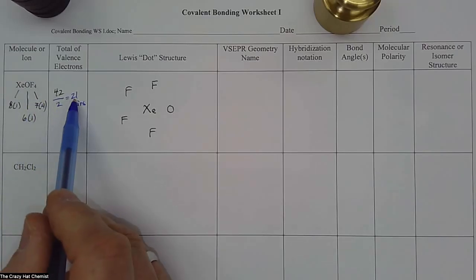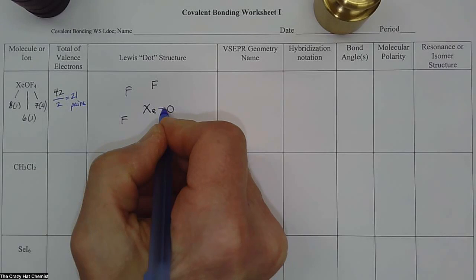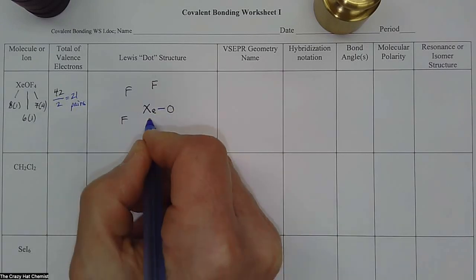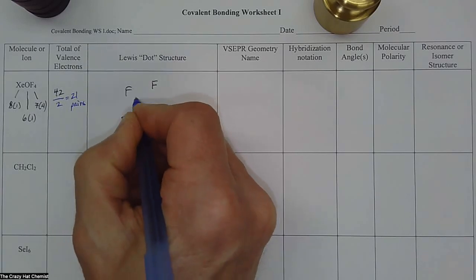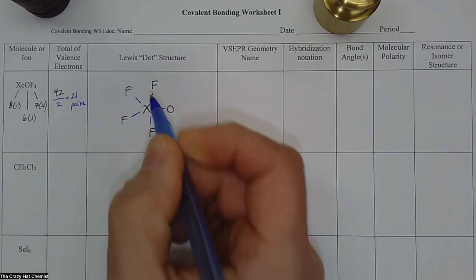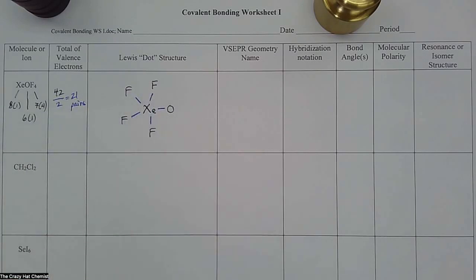Okay, now I'm going to place these 21 pairs of electrons. The first rule is to place a bonding pair of electrons between the central and the outside atoms, five times. So I've used up 1, 2, 3, 4, 5 of my 21 pairs. The next rule is to place lone pairs of electrons along the outside elements. And you cannot do that with hydrogen.